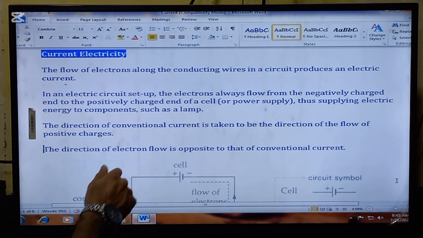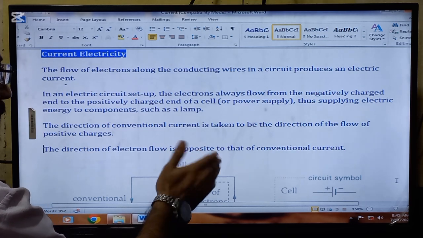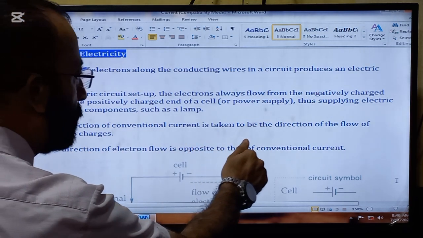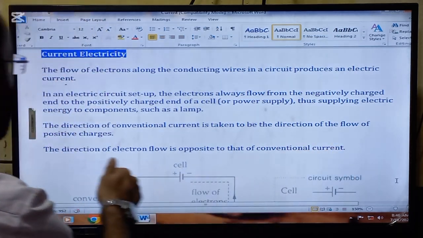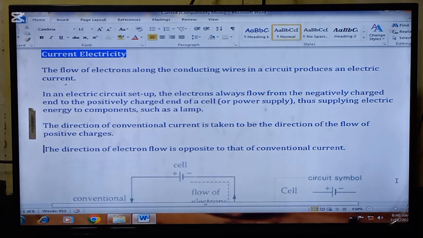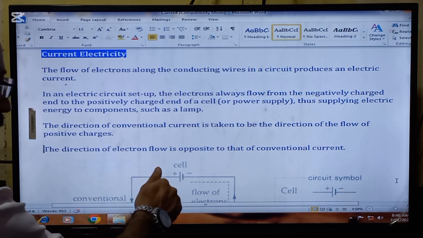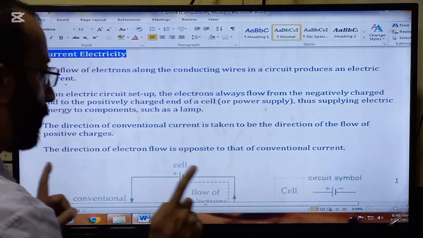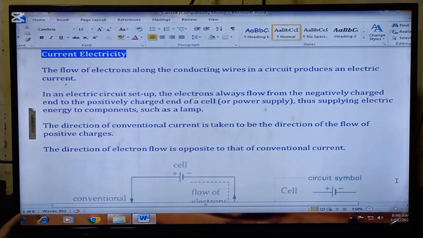Whereas the direction of the conventional current is opposite. The direction of the conventional current is taken to be the direction of the flow of the positive charges. The direction of the electron flow is opposite to that of the conventional current. This is a very important point to remember.